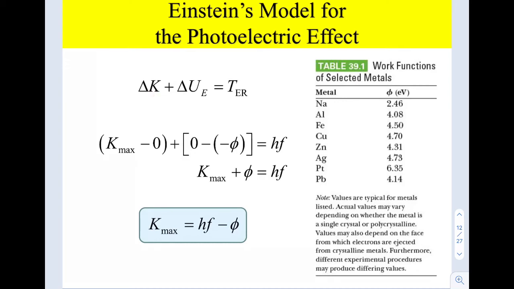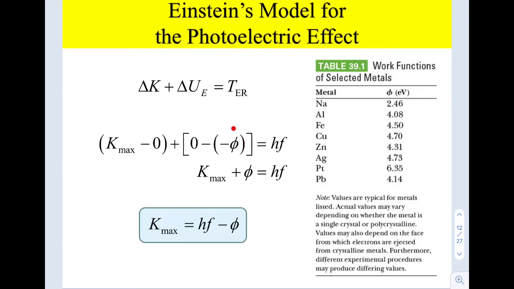As we know, K final is K max, and K initial is 0, it's not moving yet. And electric potential energy final is equivalent to 0.